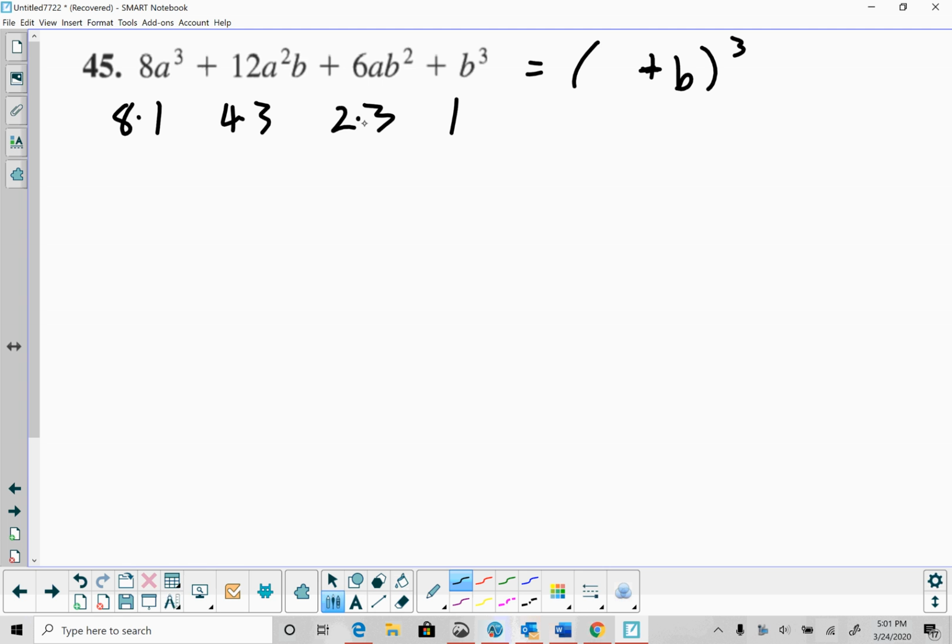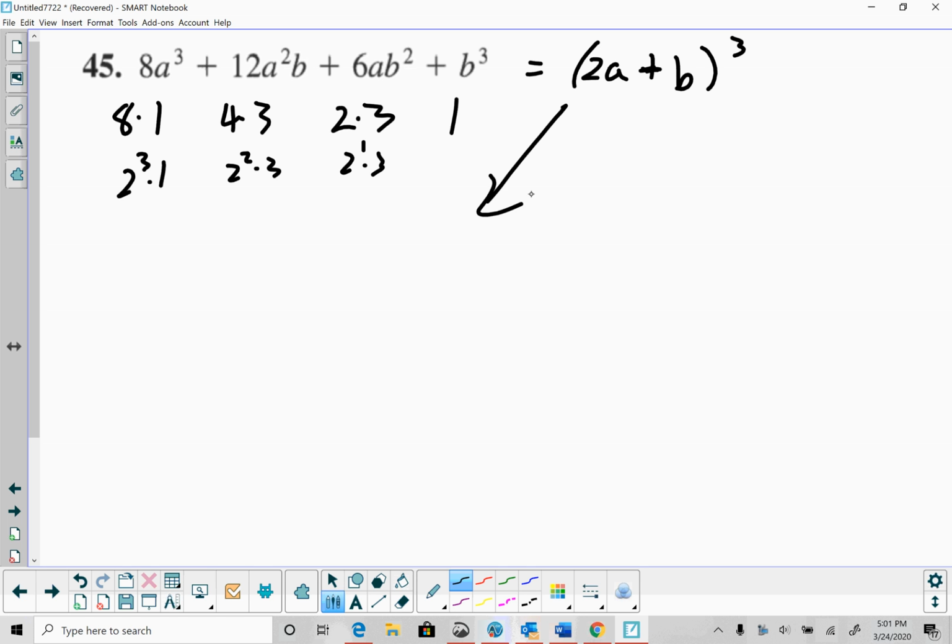This is 3 times 2. So this first term here is not just an a to the first, but this is really 2 to the third times 1. This is 2 squared. This is 2 to the first. Our leading coefficient there should be a 2.